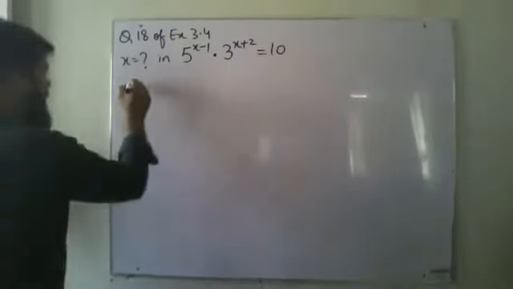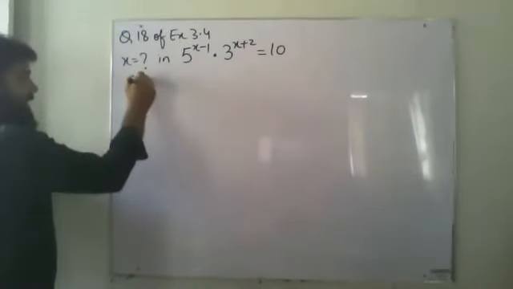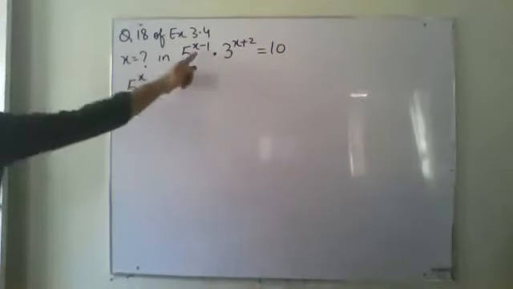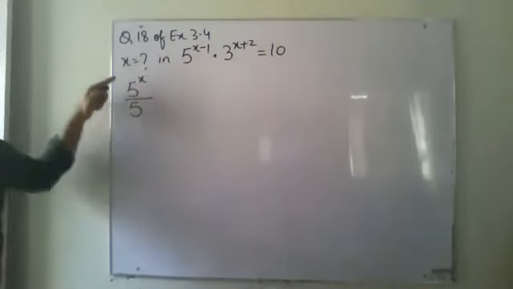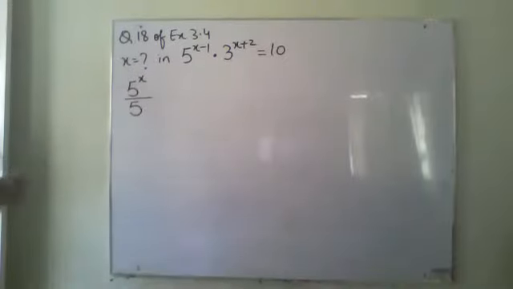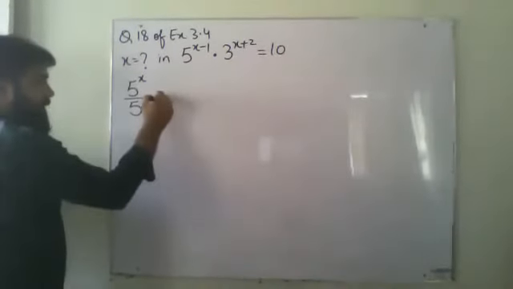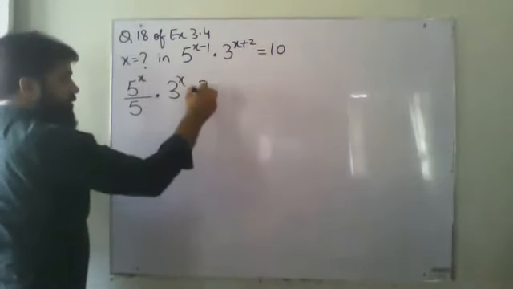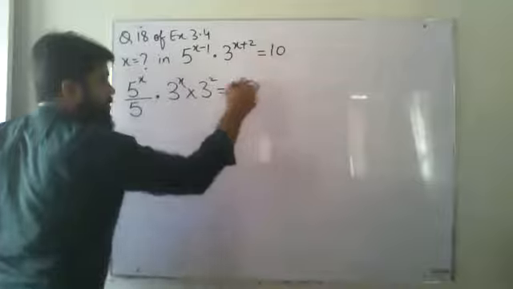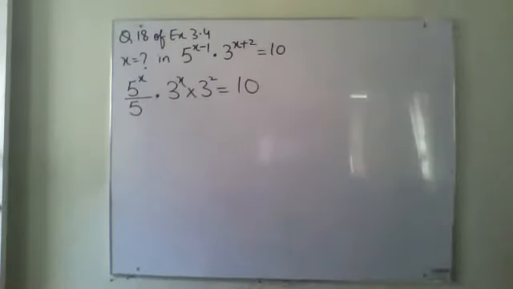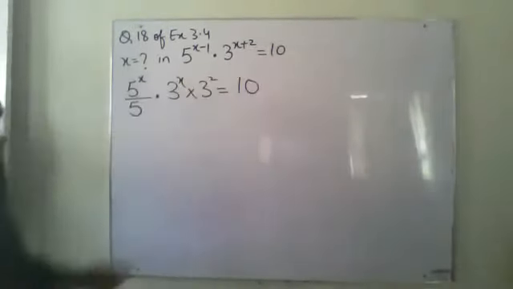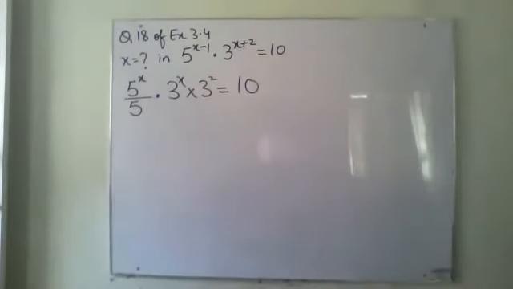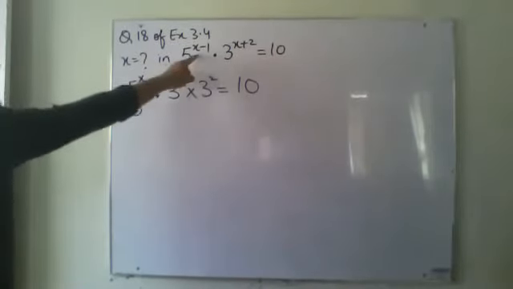These two are written in subtraction form. So I can write this thing as 5x over 5. These are in subtraction form, so I've written it in division form. Multiply by 3x into 3 square equals to 10. These two are in addition form, so I've written it in product form when I break their indices. This was given in subtraction form.